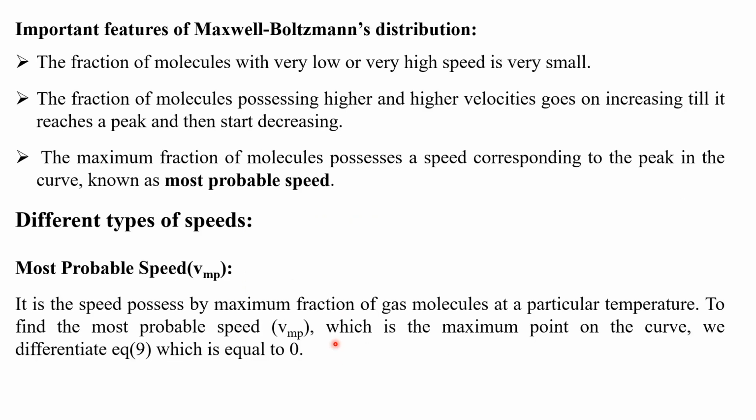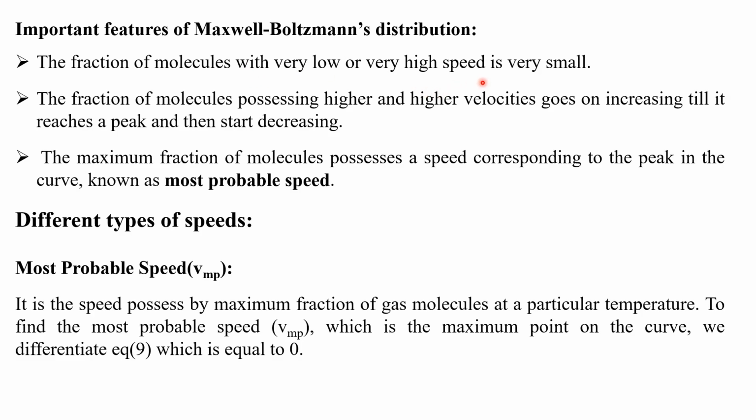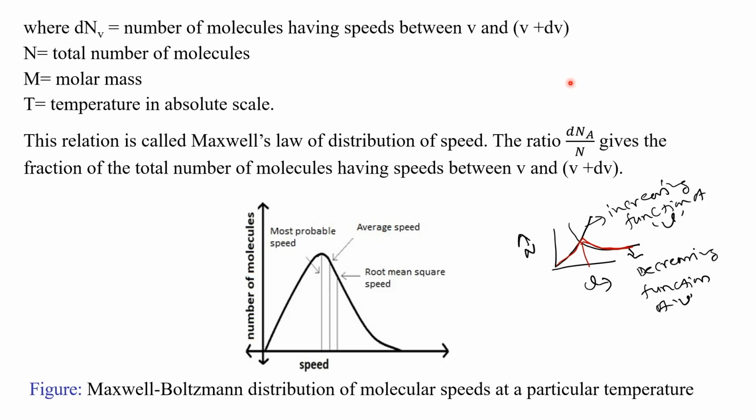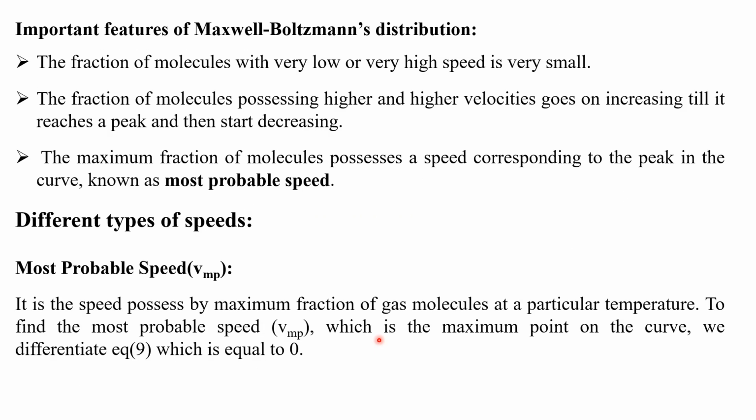So the important features of the Maxwell-Boltzmann distribution: the fraction of molecules with very low or very high speed is very small. You can see the fraction of molecules with very low or very high speed here is very small. The fraction of molecules possessing higher and higher velocities goes on increasing till it reaches a peak and then starts decreasing.